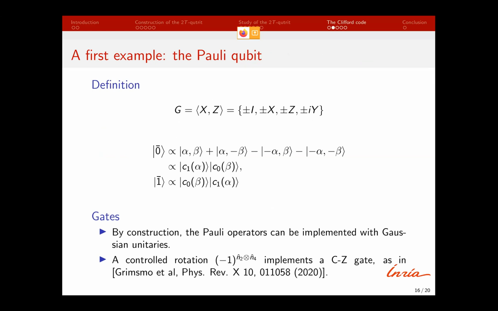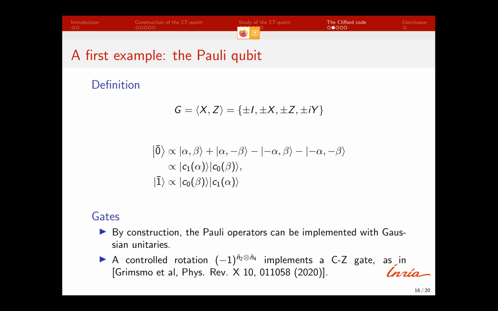In particular, both the Pauli and the Clifford groups are unitary 1-designs. The first example that we took, basically as a warm-up, is the Pauli group. We find that the logical states can be expressed as products of cat states.